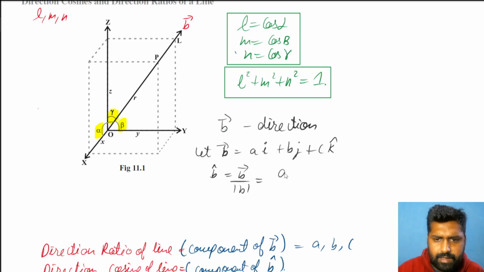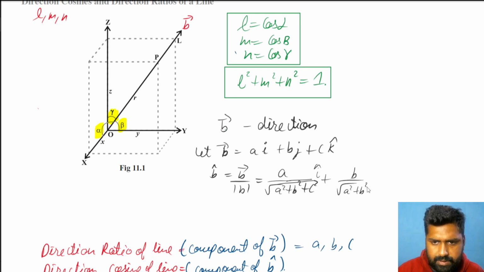So basically a upon square root of a square plus b square plus c square, i cap, plus b upon square root of a square plus b square plus c square, j cap, plus c upon square root of a square plus b square plus c square, k cap.